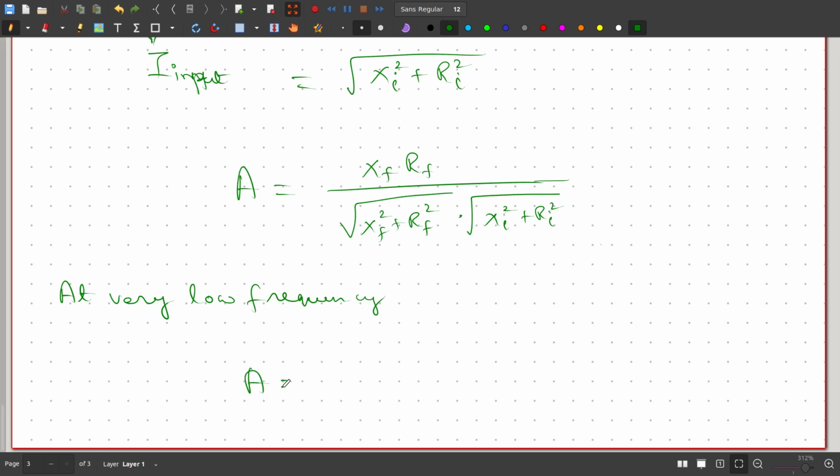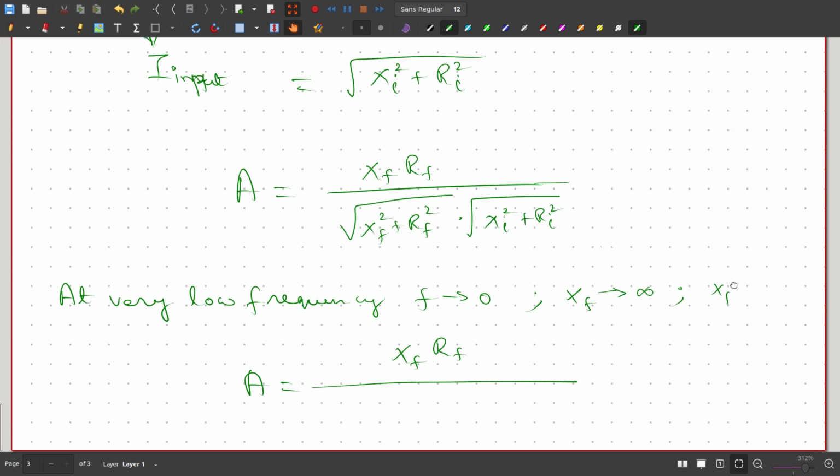A equals XF RF divided by root of XF square plus RF square into root of Xi square plus Ri square. At low frequency, F tends to 0, both XF and Xi tend to infinity.